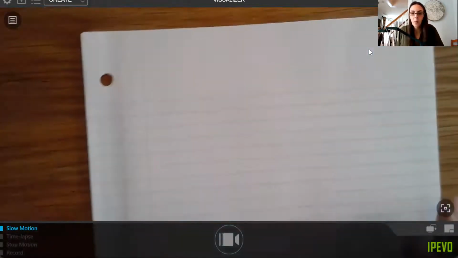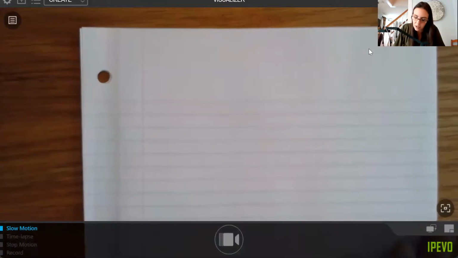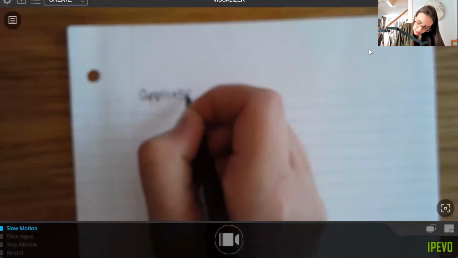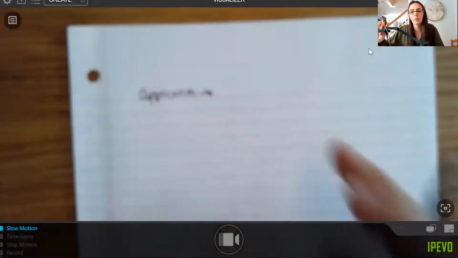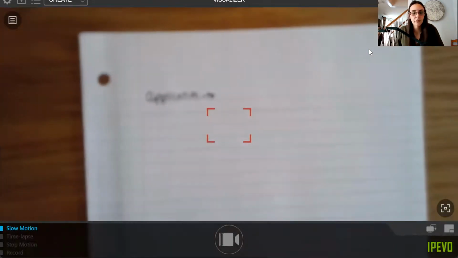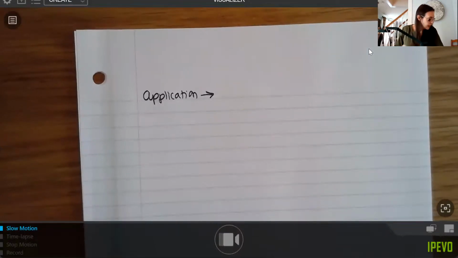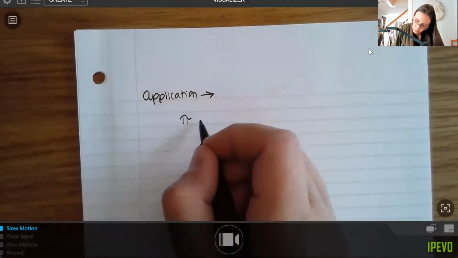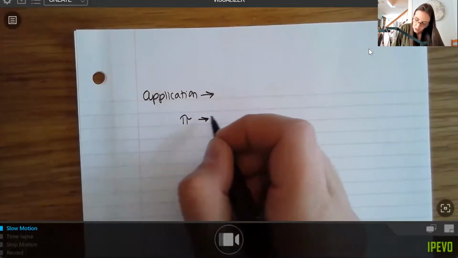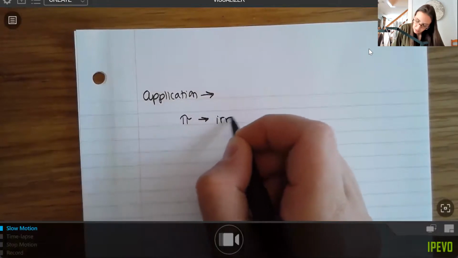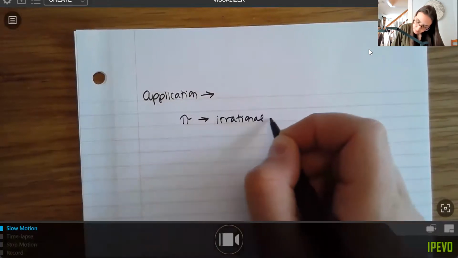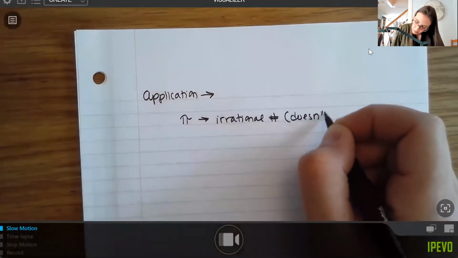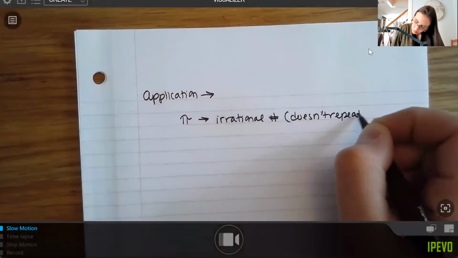Okay. One last thing here, just kind of a quick little application. And we'll see this formula later. But we do have a number pi, which some of you have seen, I'm sure, before in classes, which is, first of all, an irrational number, which means it doesn't repeat or end.